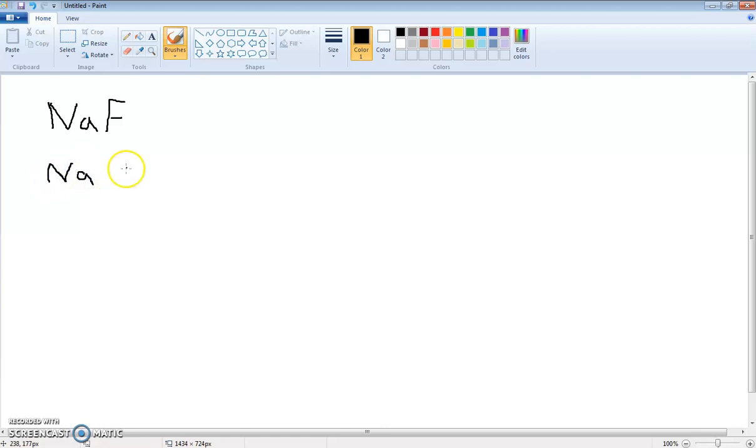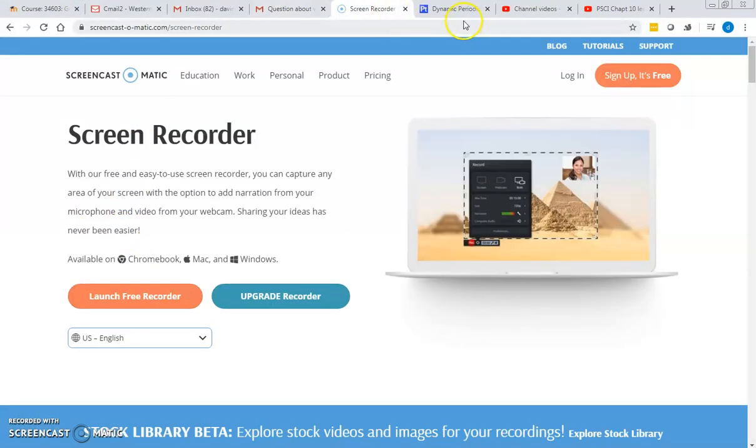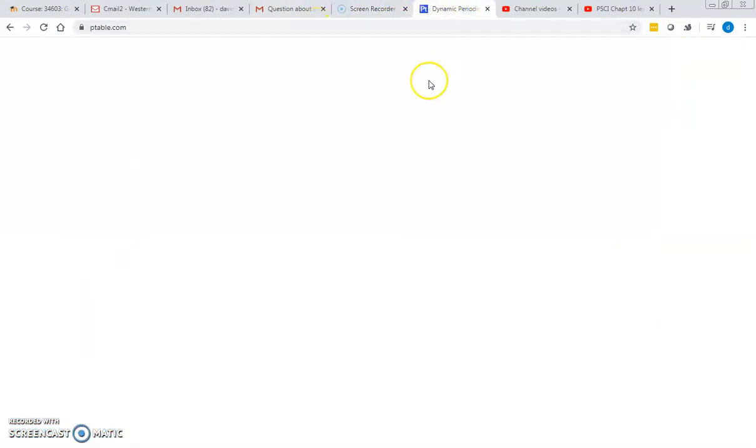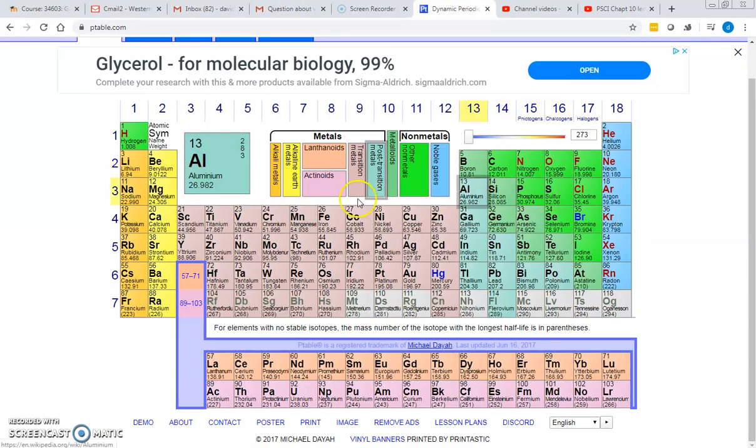We have one atom of sodium. And jump over here to the periodic table, and we can see sodium here at 22.99. We'll just call it 23.